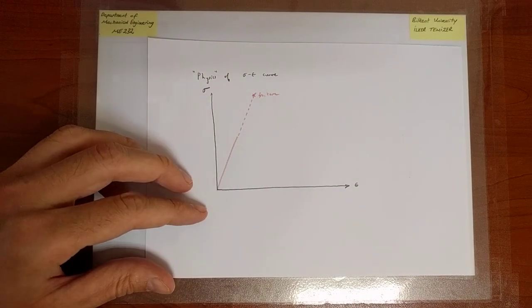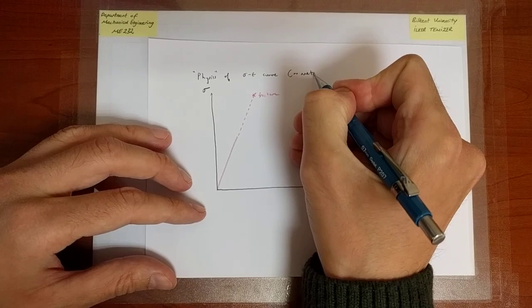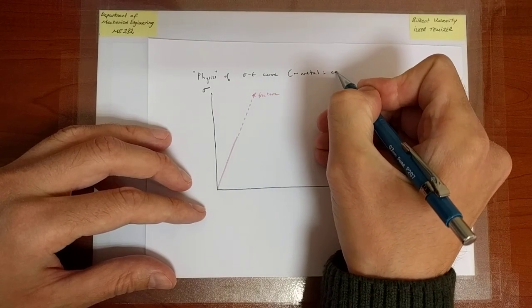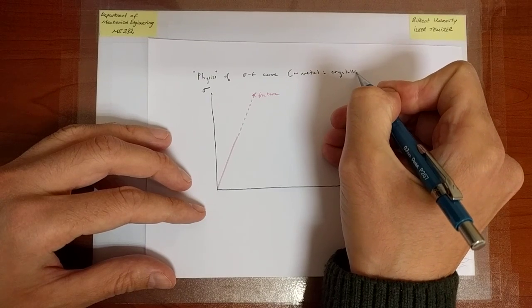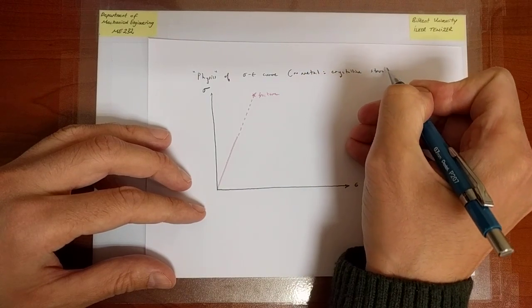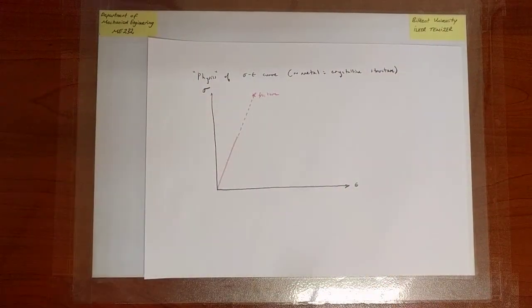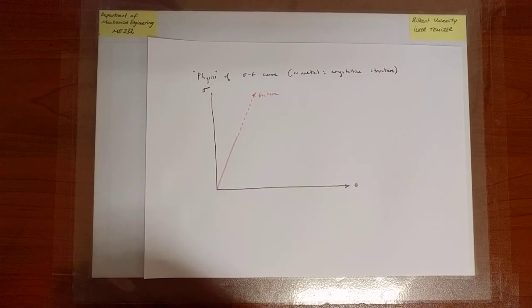Now, I'm mostly talking about a metal, by the way, and metals have a crystalline structure. So a crystal is a nice, well-ordered stack of atoms, if you like. Almost all metals have a crystalline structure.